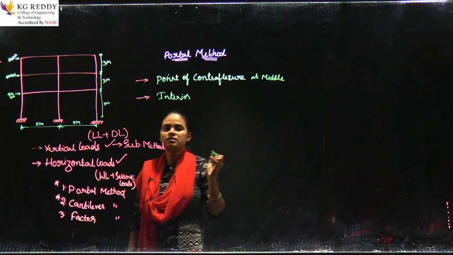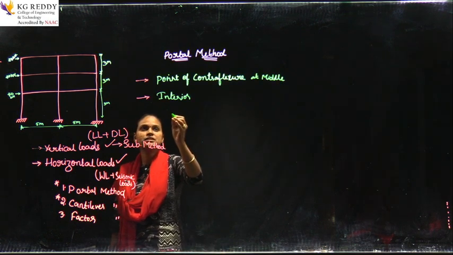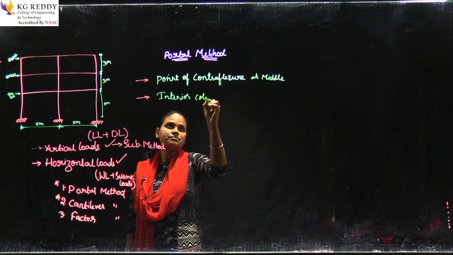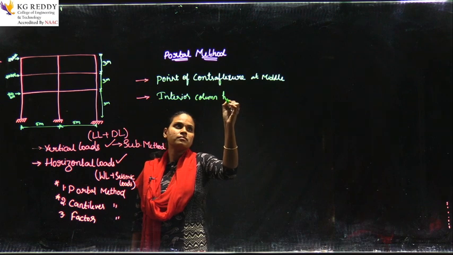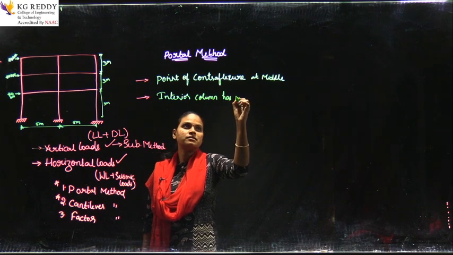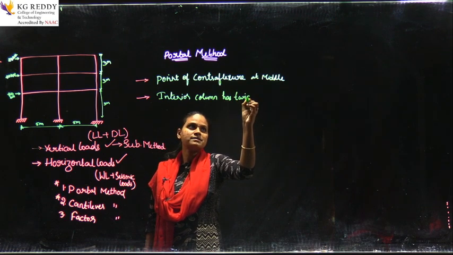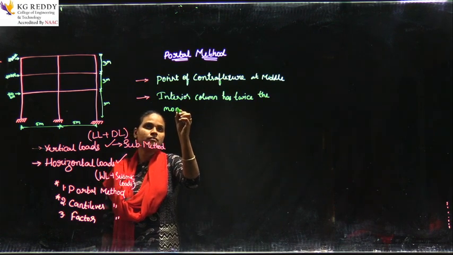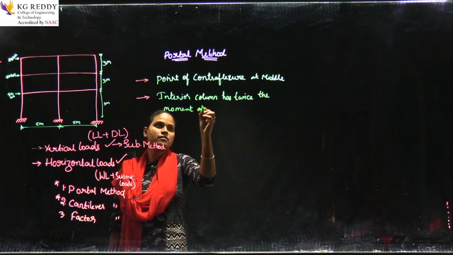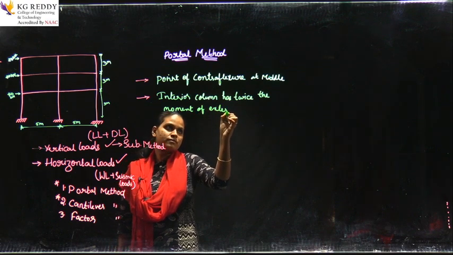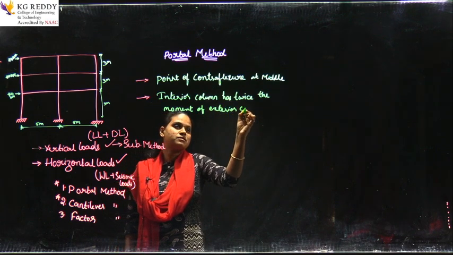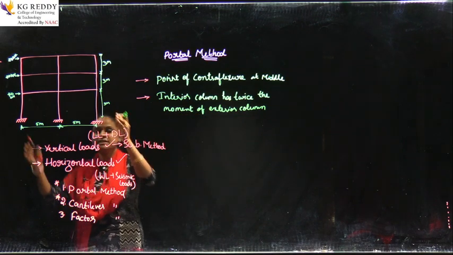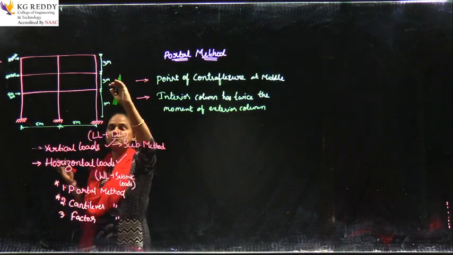So the point of contraflexure acts at the middle. This is one of the assumptions, and the second one is that the interior column has twice the moment of the exterior columns. Here, for example, you can see this frame has two stories.